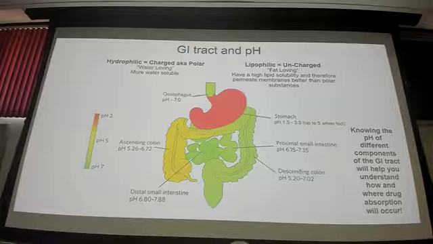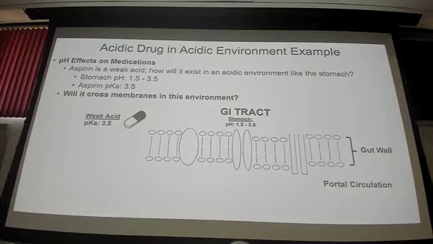All right. So if we talk about an acidic drug being absorbed in an acidic environment such as the stomach, we already stated that when pH is equal to pKa, 50% of the drug will be uncharged, 50% charged. But we take the example here of aspirin. Aspirin has a pKa of 3.5.